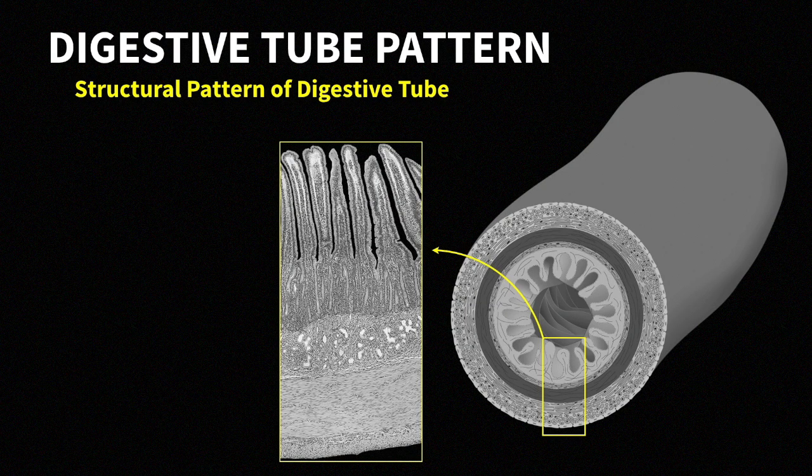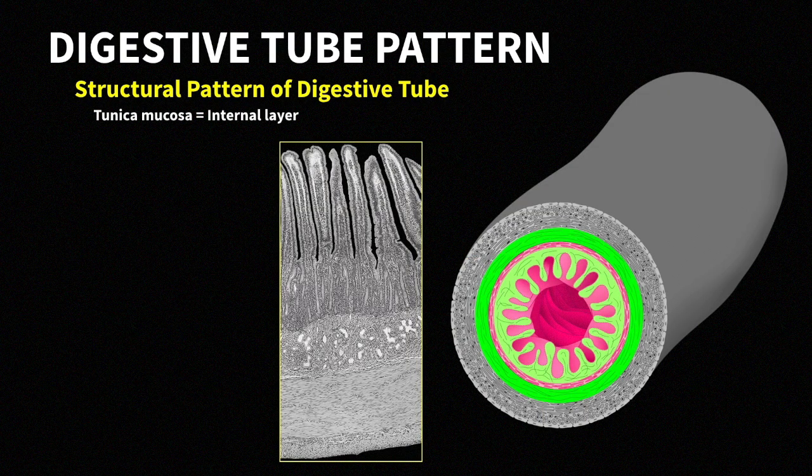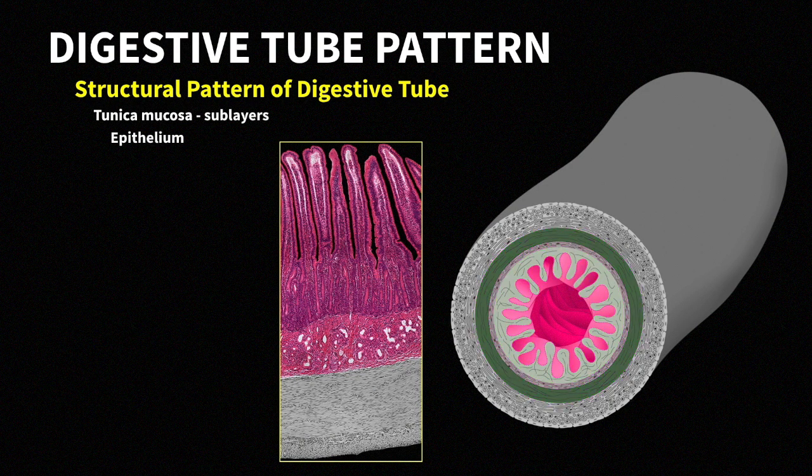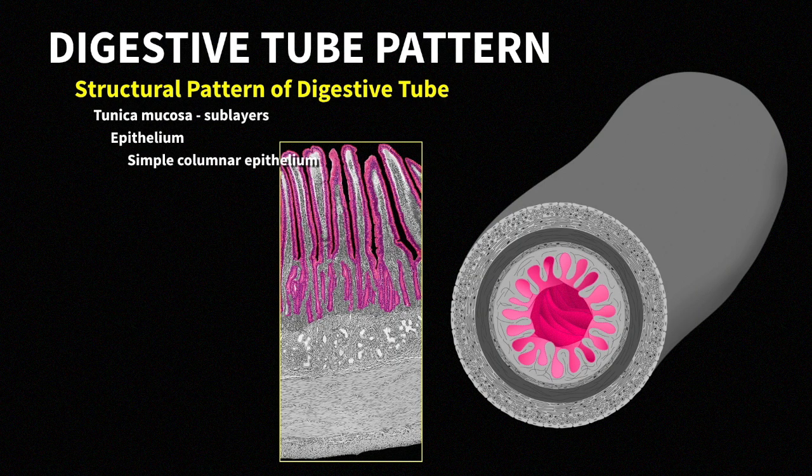The internal layer of the digestive tube is named the tunica mucosa. The mucosa is a complex layer that is thicker than the internal layer of most tubes, and it has a range of sublayers that form key structure-function relationships. The innermost sublayer of the mucosa is the epithelial layer, which is comprised of simple columnar epithelium throughout most of the digestive system.